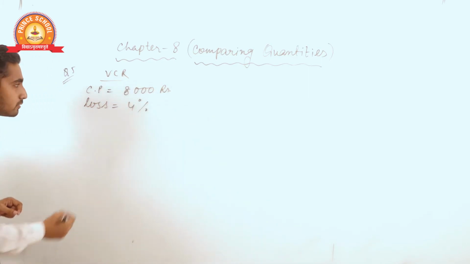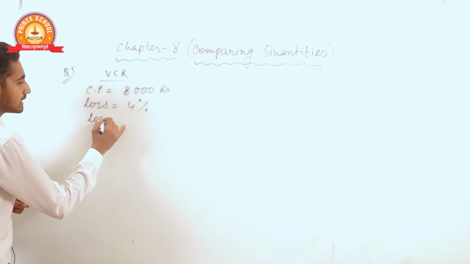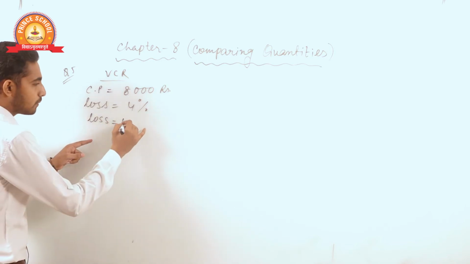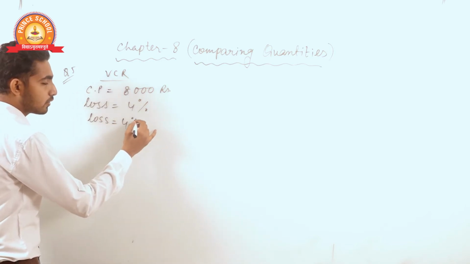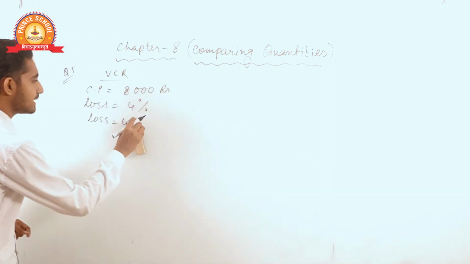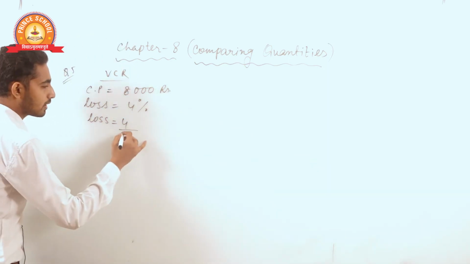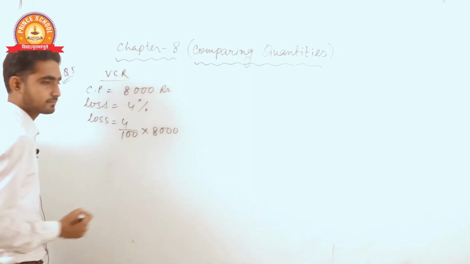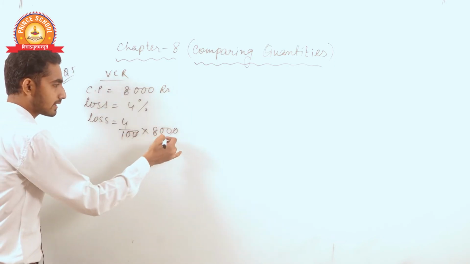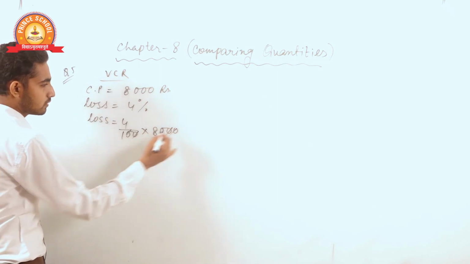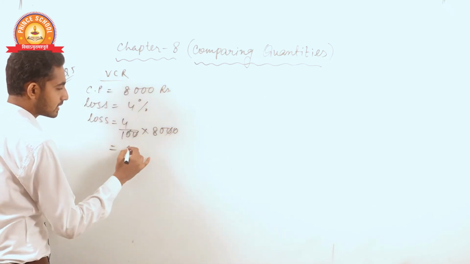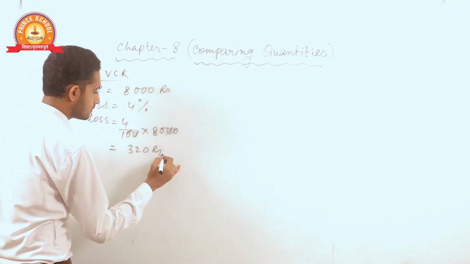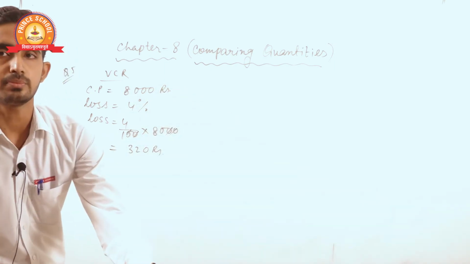Now what is the loss amount? Loss amount is equal to 4% means 4 upon 100 multiplied by 8,000. 0 0 cancel out. So 4 8s are 32, 0. So loss is 320 rupees.